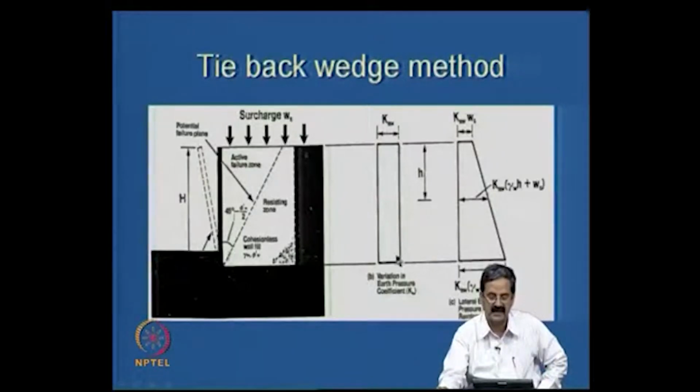This is just Ka constant. This is Ka gamma h, right? Ka gamma h is the pressure, and now you have a surcharge also, Ws, so you add that. So this is the earth pressure at any point due to its variation with depth as well as due to the surcharge. This is called the tie back wedge method.